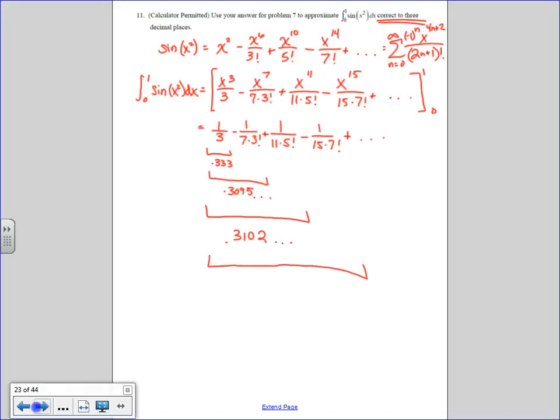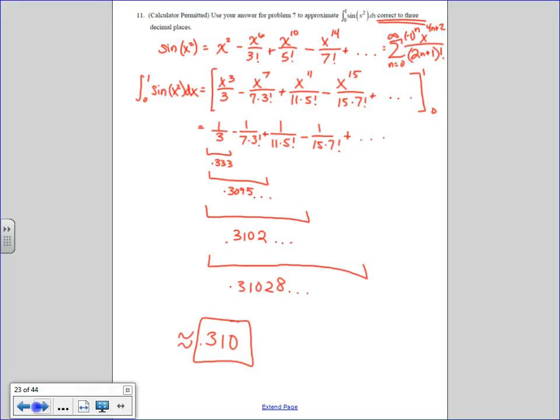First 4, 0.31028. Wait a minute. Where do I stop? Where do I stop for 3 decimal places? .310.